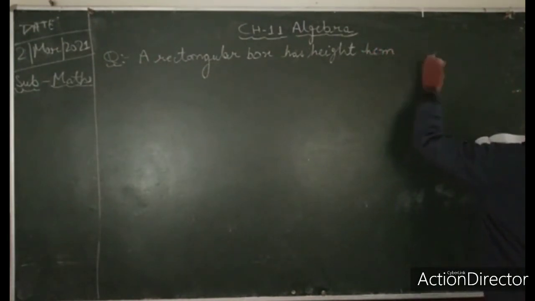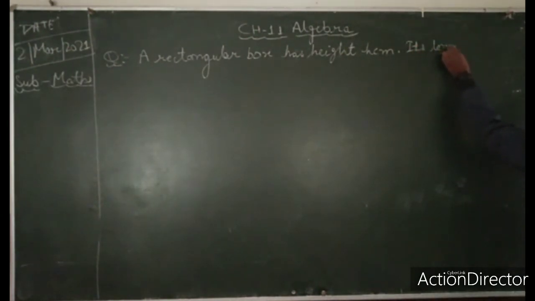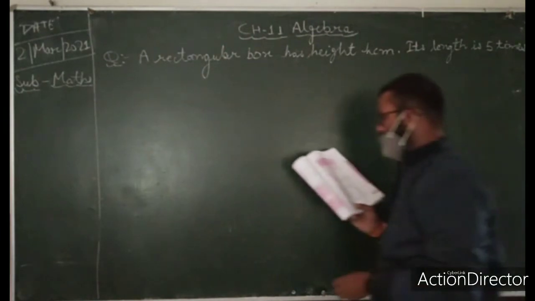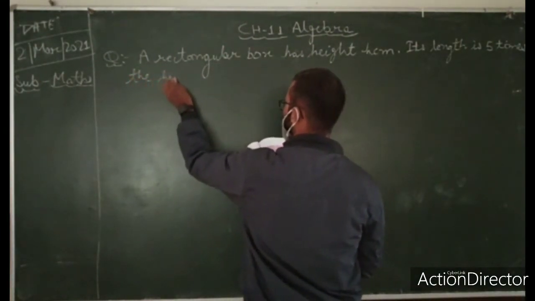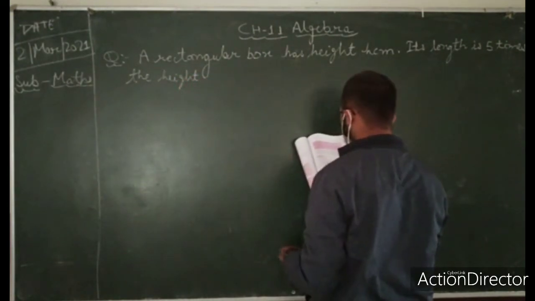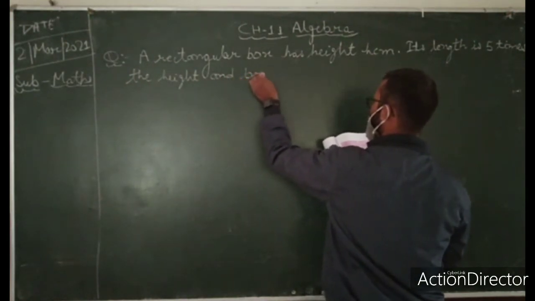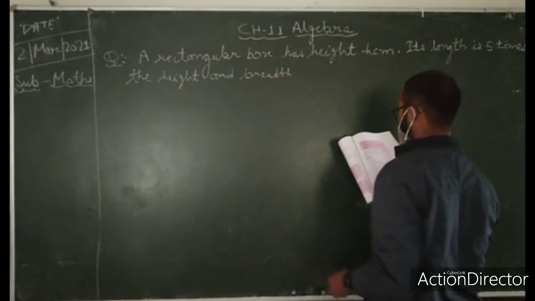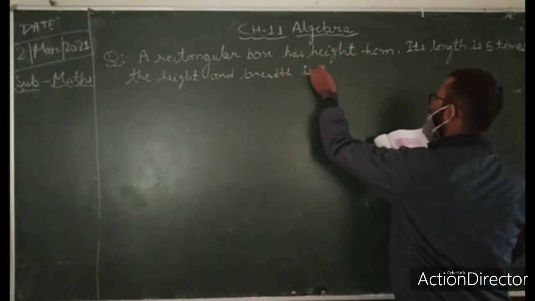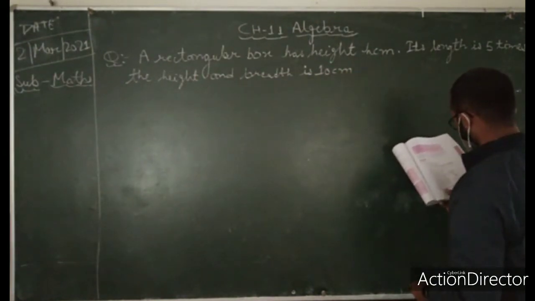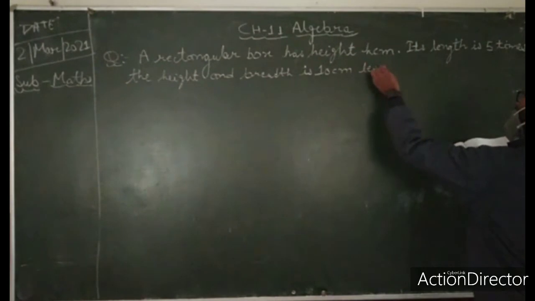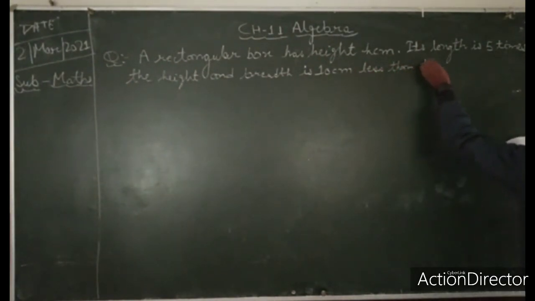X centimeter. Its length is 5 times the height and breadth is 10 centimeter less than the length.